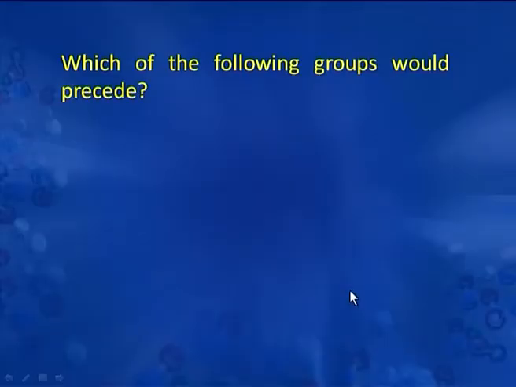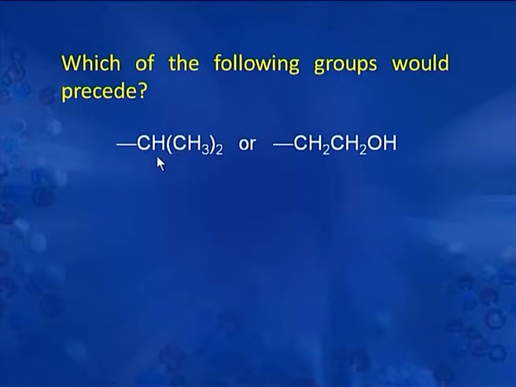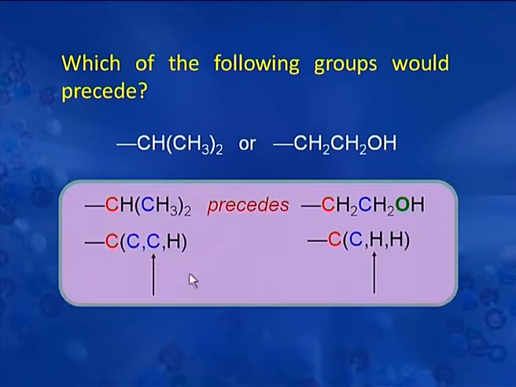Now we can take some more groups. Let us talk about isopropyl group and then CH2CH2OH group. Which of these two groups will get the higher priority? When we break this up, we find that in this case the first carbon has 1 hydrogen and 2 more carbons attached to it because there are 2 methyls. So second level atoms are carbon, carbon and hydrogen.